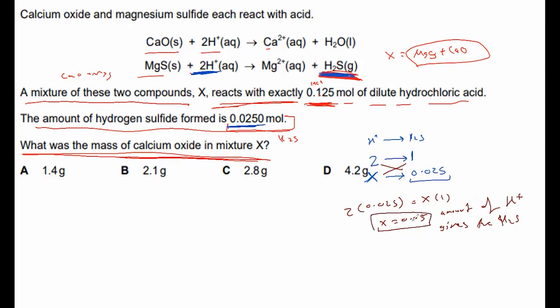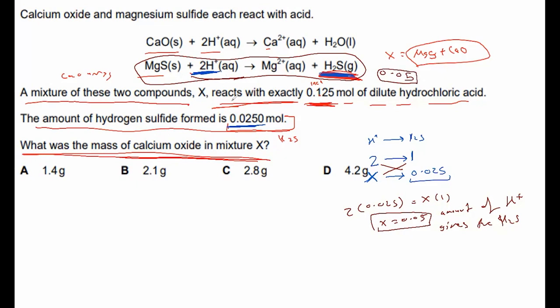So we can say that the amount of H plus required in this equation was 0.05.